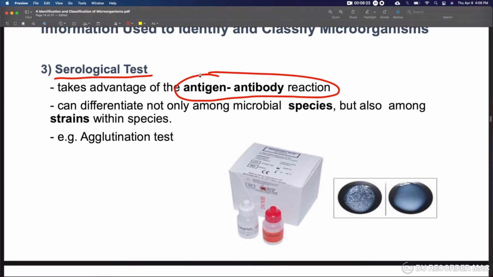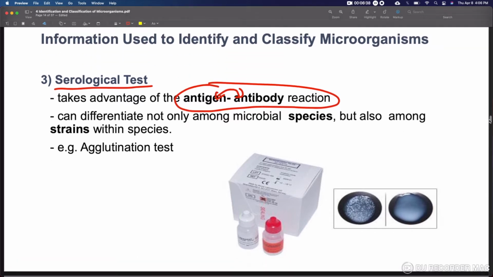These two have a very specific, kind of like a lock and key interaction with each other. So what's going to happen here is for a certain strain of a bacteria, for example, so for a certain strain of bacteria. So we have here a rabbit. Say we have here a rabbit.